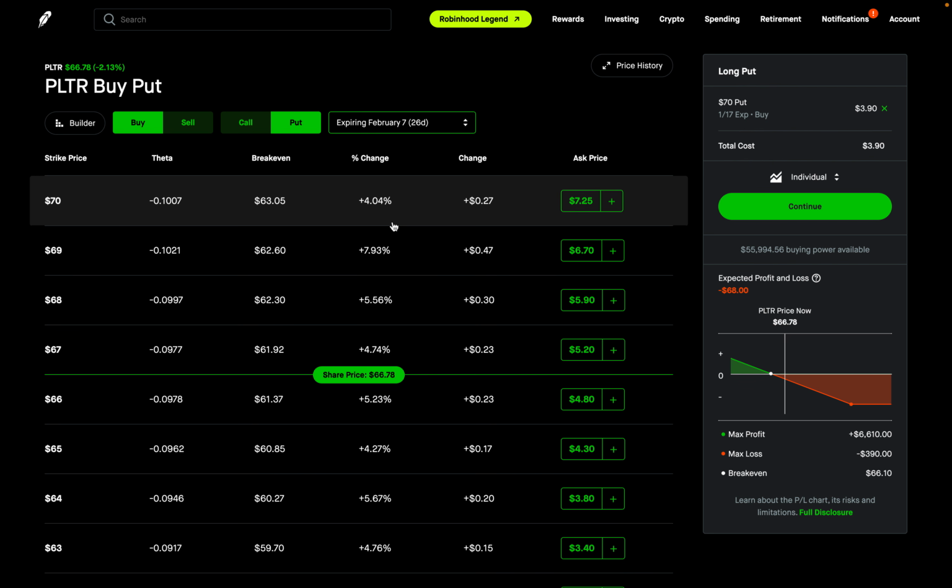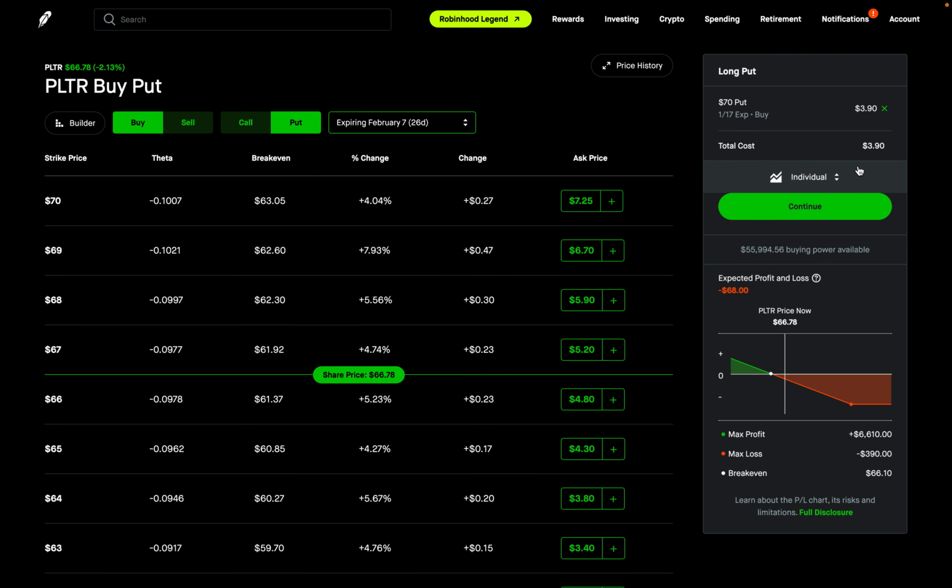Now that I'm out to a further expiration, I would sell a new put with a higher premium than how much we are paying to close out our current cash secured put.